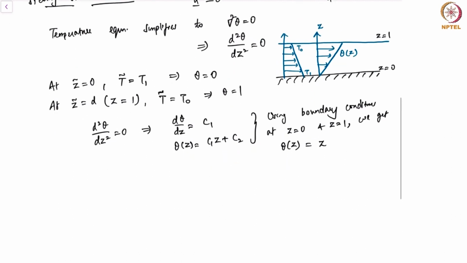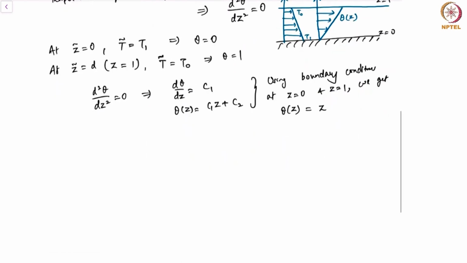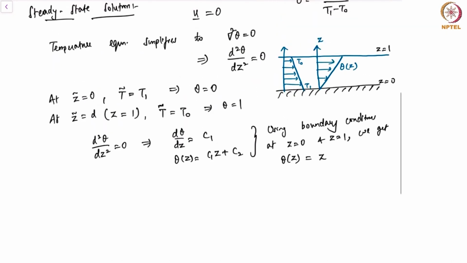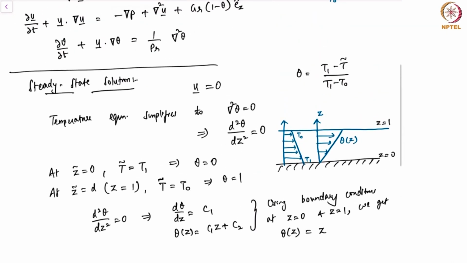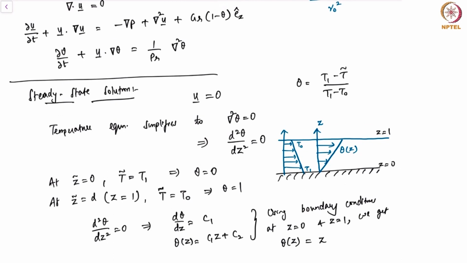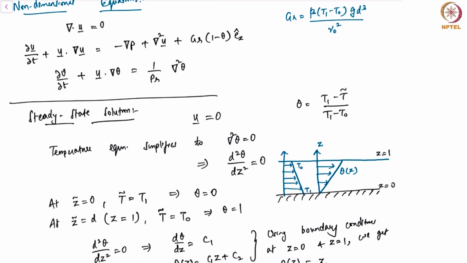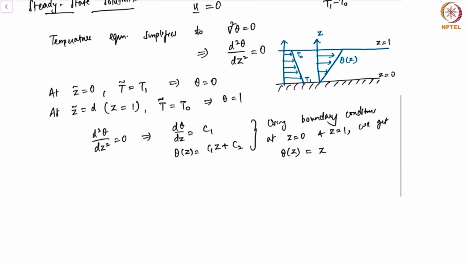Now that we have this base state, we can use this temperature to substitute into the momentum equation. The left hand side would be identically 0. Let's label these equations as 1, 2 and 3, and the result that we've just now got, we call it 4.